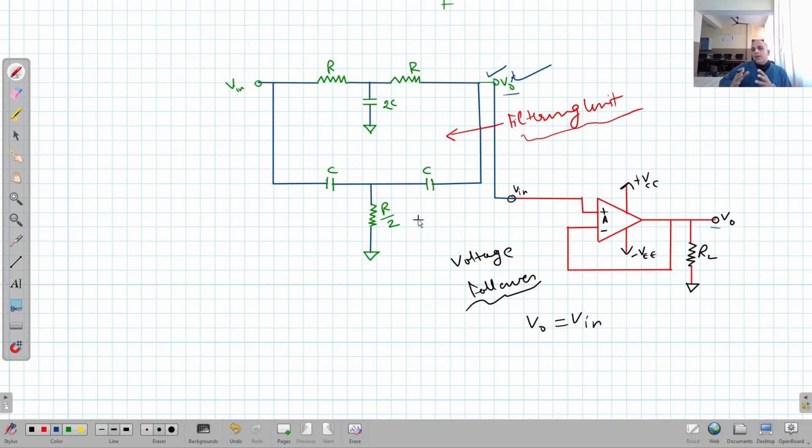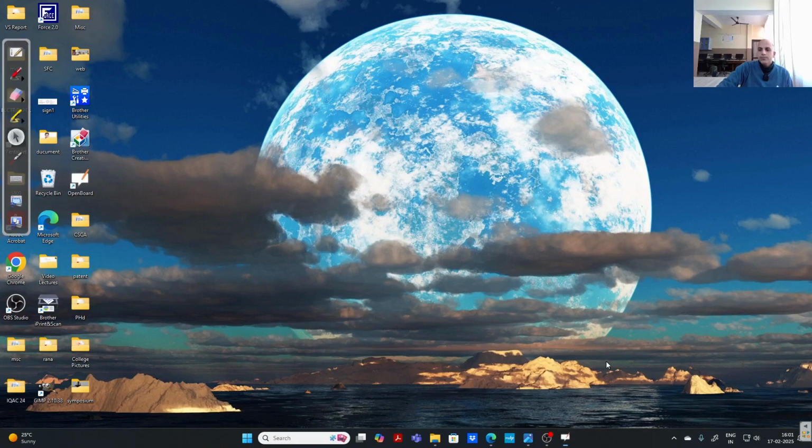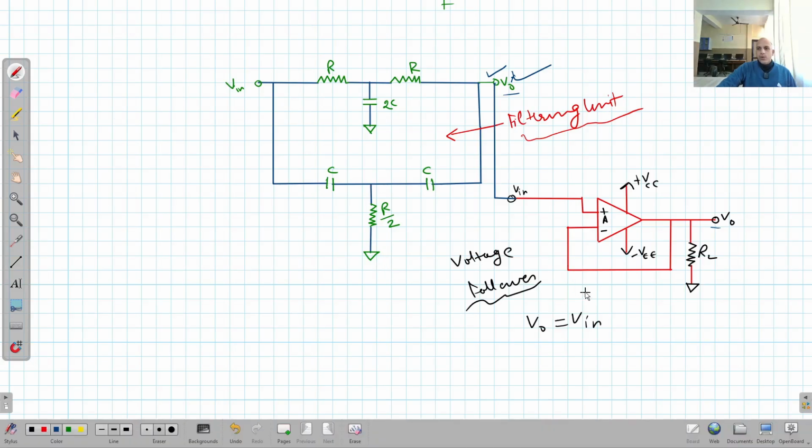Now here you can raise a question: what is the need of this circuit? As I told you earlier, this voltage follower is going to make the gain of the output coming from here stable. It is going to reduce any unwanted disturbance that is induced in this circuit, because this is the property of the operational amplifier.